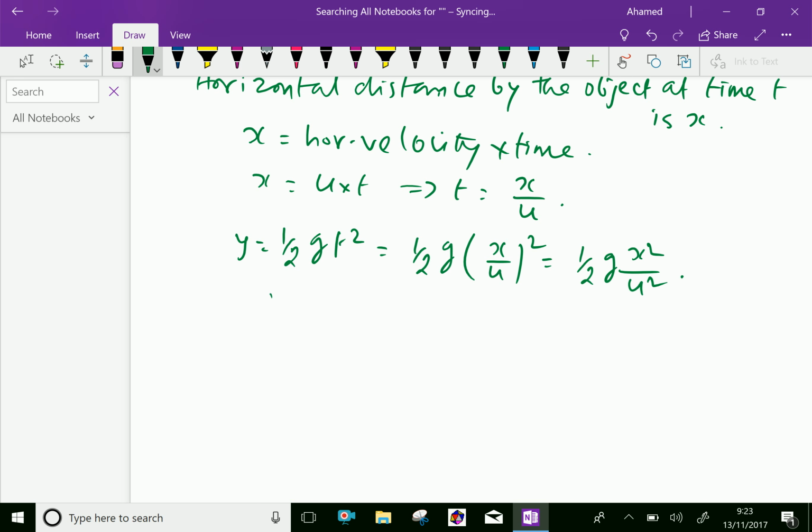Or we can write it in a simpler form, y equals k x square, where k equals half g by u square.